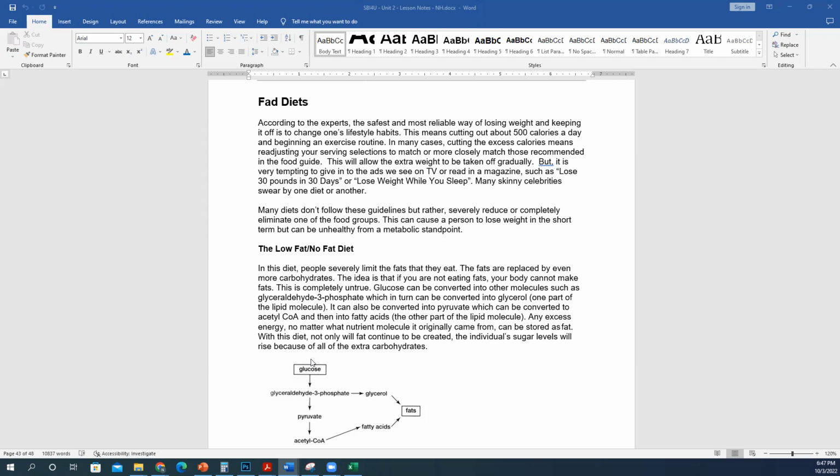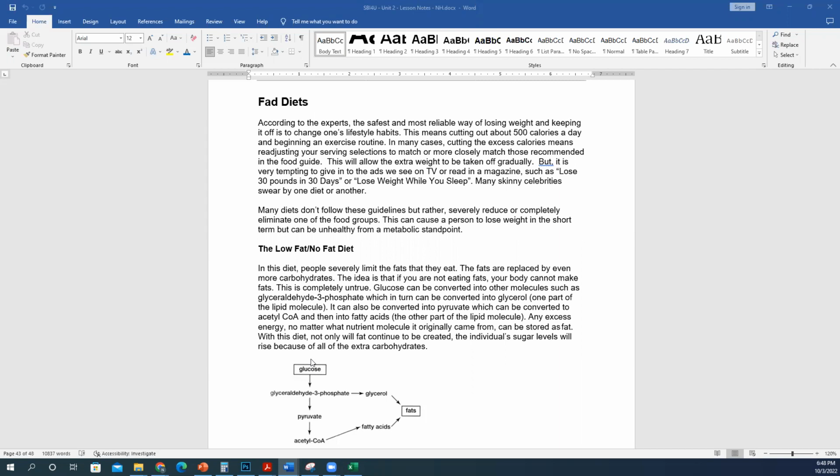But in many cases, in order to cut these excess calories, we have to readjust our serving selections, or try to match our food intake more closely to what's recommended in the food guide. And theoretically, this will allow our extra weight to come off gradually.